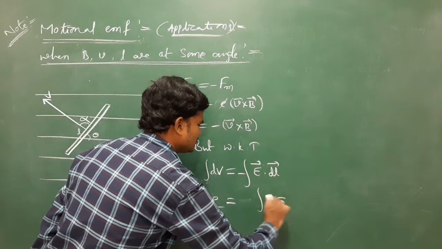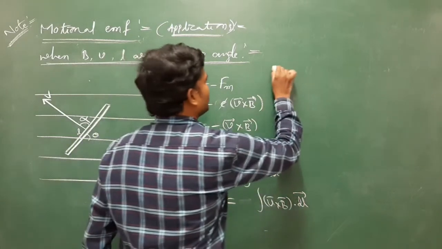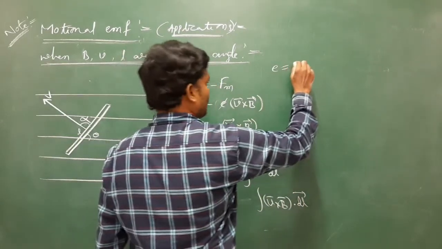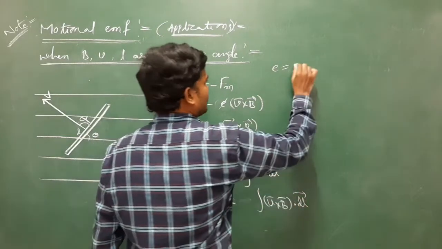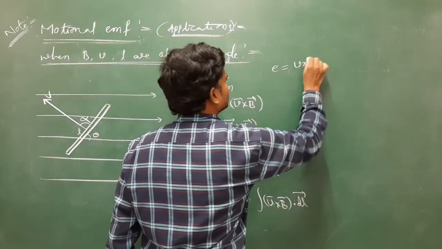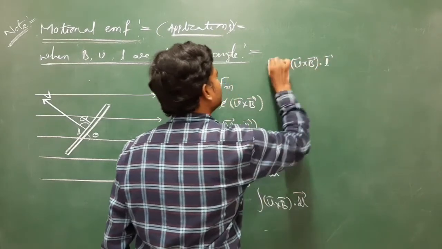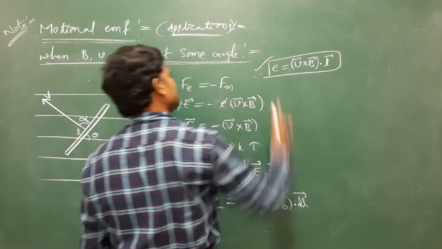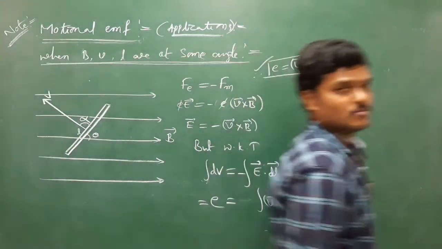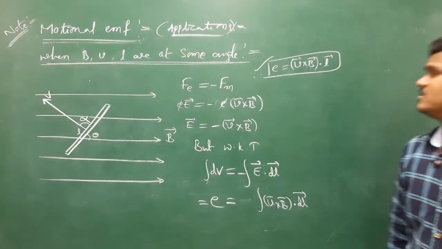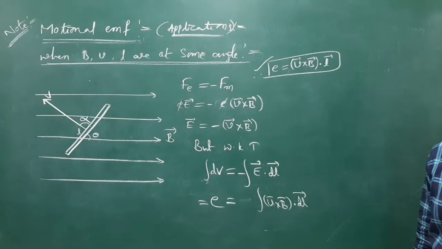V cross B dot dl. Now the EMF after the integration, we will get V cross B dot L. This is the actual equation of motional EMF, electromotive force: V cross B dot L.